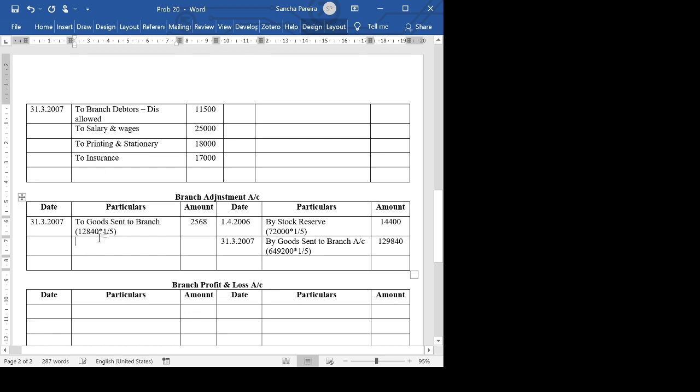So to stock reserve, 96,360 into 1 by 5.